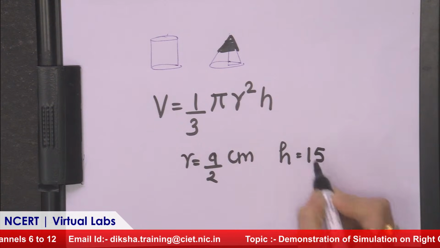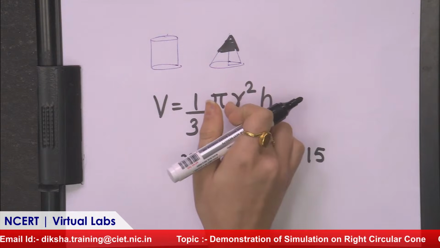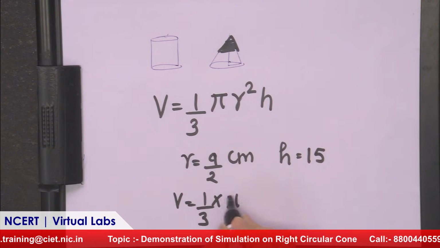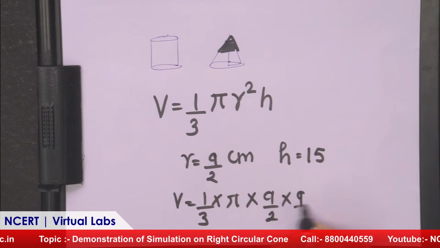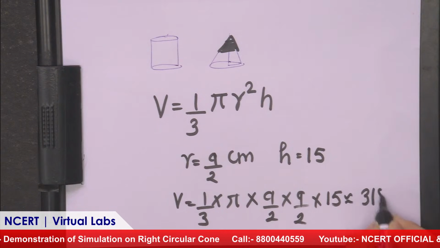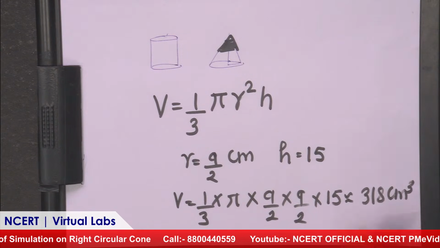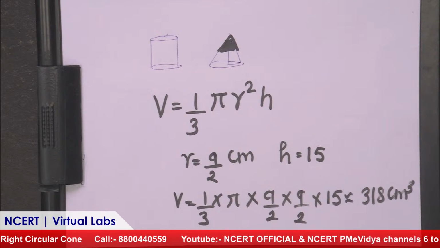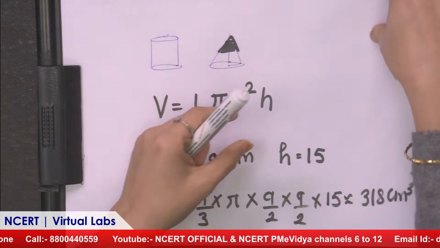We need to put the values in the given formula. When we calculate it, we take pi as 3.14 and multiply 9/2 into 9/2 into the height, and we get the value as 318 centimeter cube approximately. Click on this and the answer is correct.